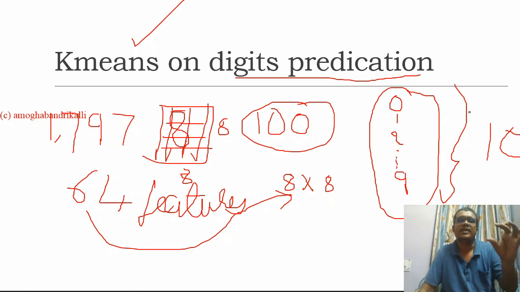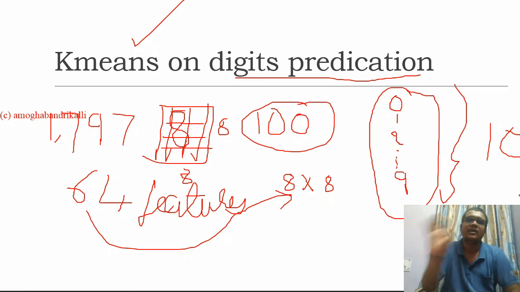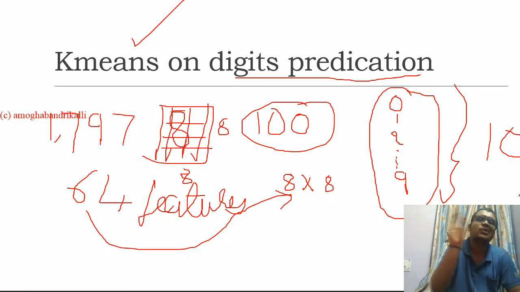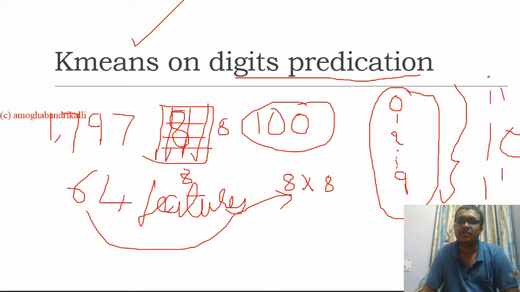For each image, the output will be 10 clusters, because you need a prediction starting from 0 to 9. So based on this count, we are going to make the cluster size 10.